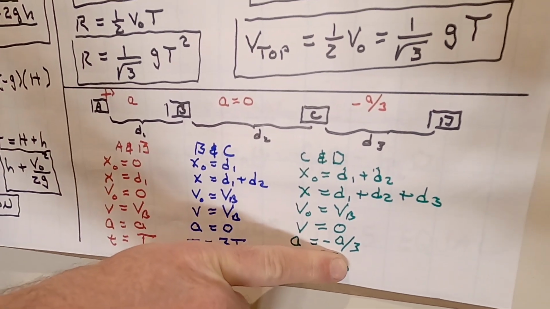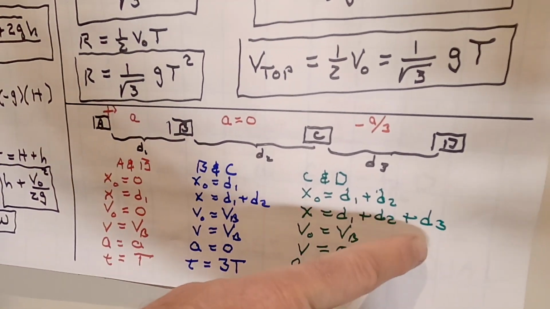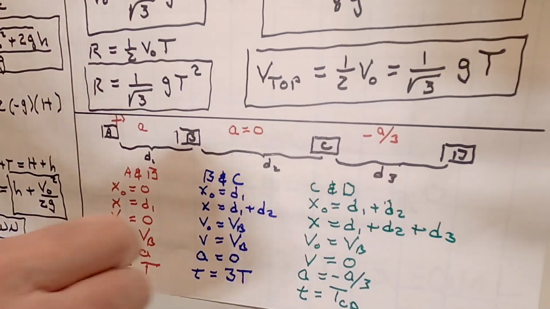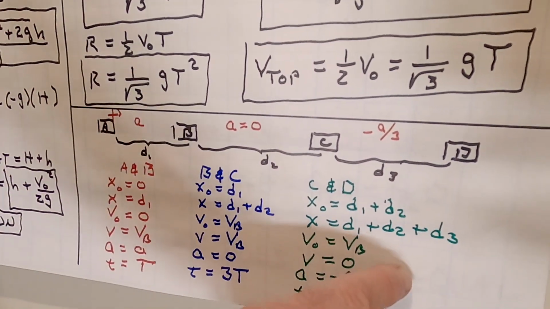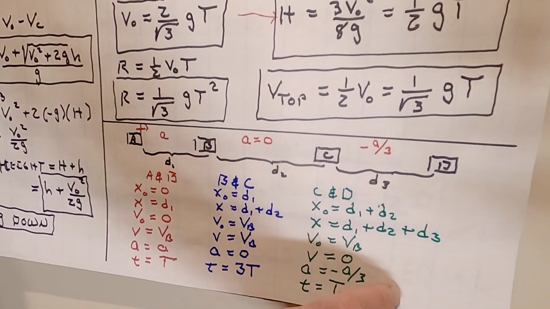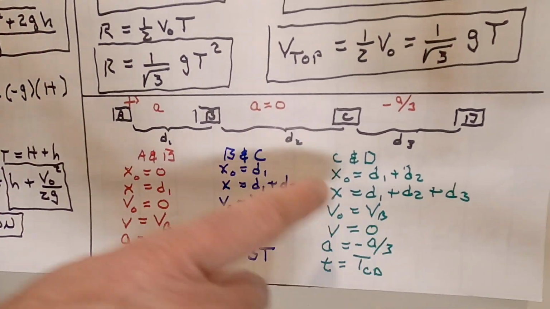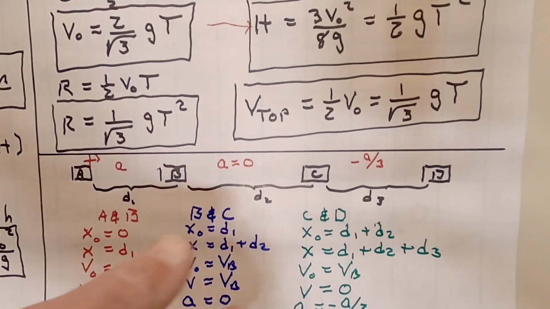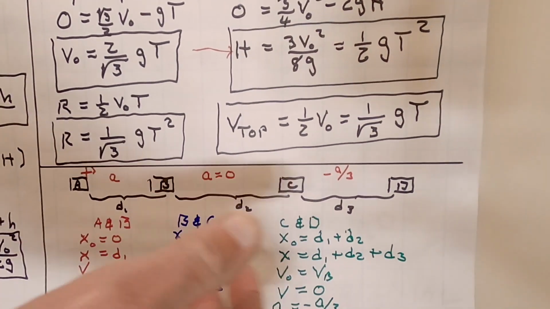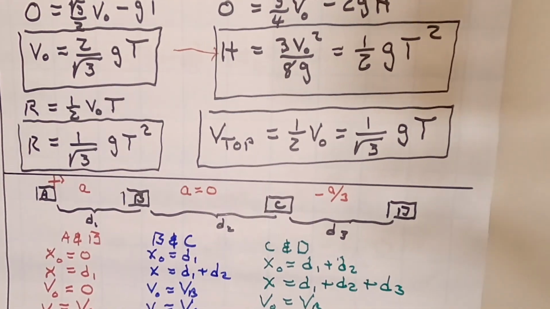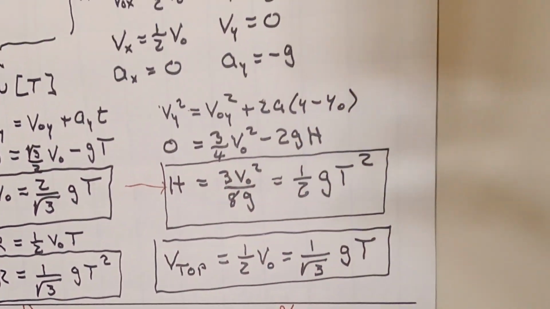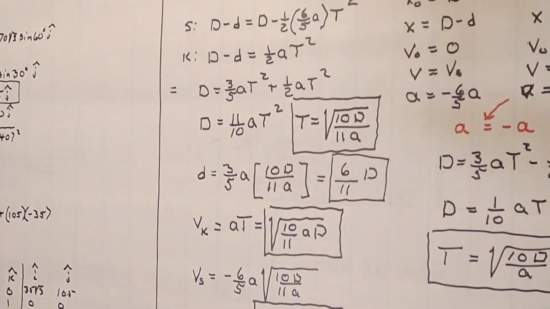Use the one that doesn't have the time, which is the v squared equals v naught squared equation, and you can calculate D3 from this one. So D3 you get from there, then add D1, D2, and D3 up, and that will give you the answer right here. And they're all going to be the same, just different numbers in there. Okay, hopefully you understand this test.